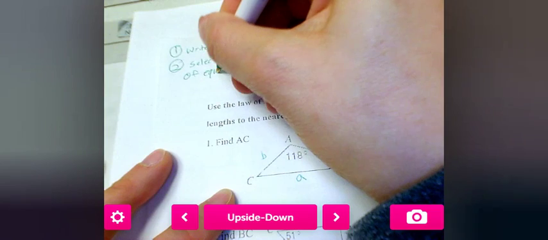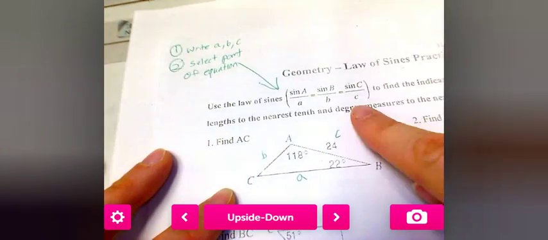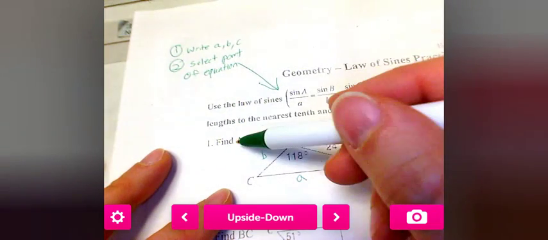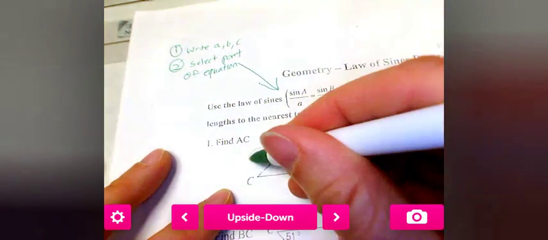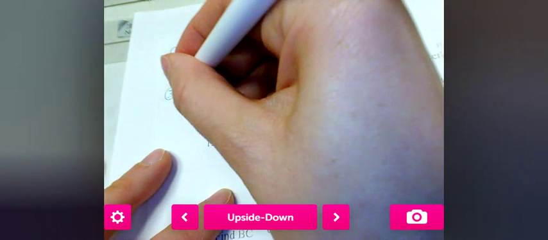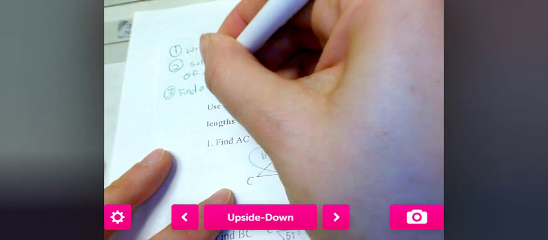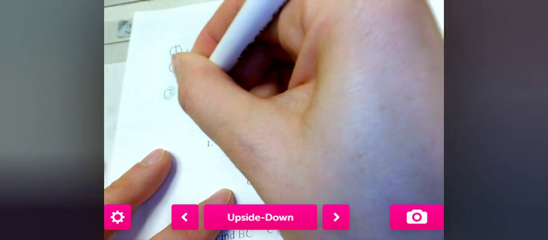Remember, we're going to only use 2 out of the 3 parts. So select part of your equation. Now, we have to find a to c. A to c is little b, so I know I'm going to have to use b. And c is the side I have. So in this case, I'm going to have to find the other angle by going 180 minus the other 2.